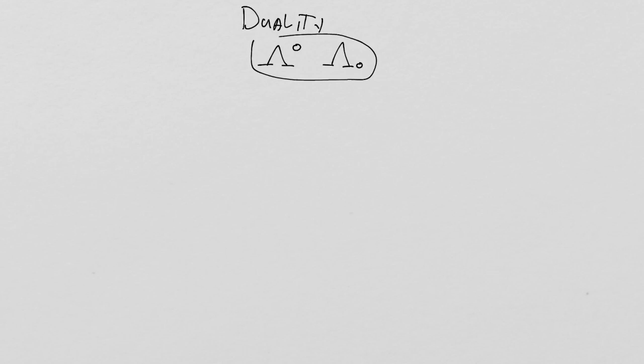All right, so now we're going to finish up our discussion of duality, and I'll begin by drawing this picture again, where we have the two zero-form or zero-vector spaces, which we'll basically call the same thing, because they are the same thing.